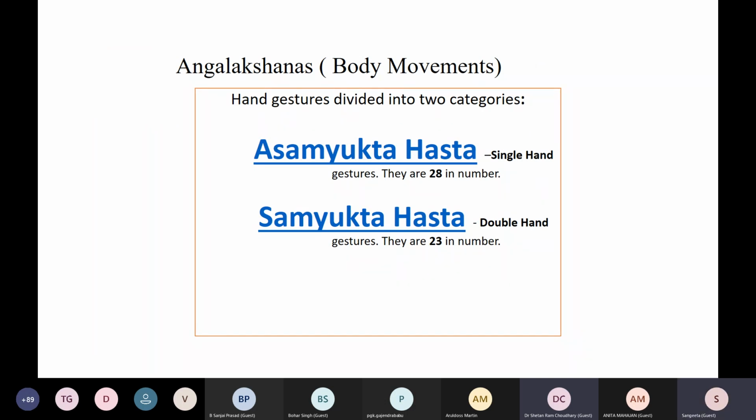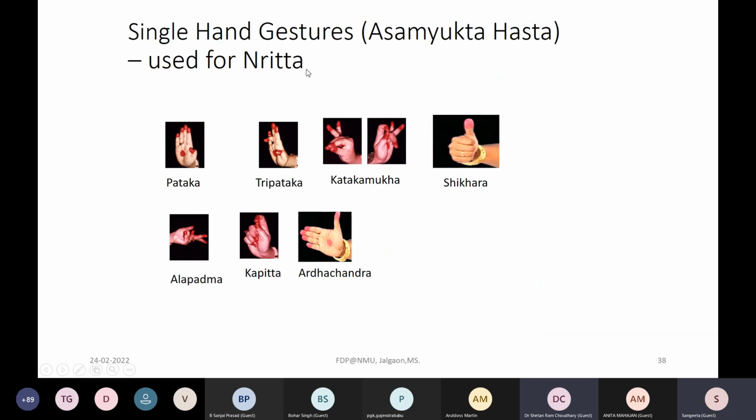Second is hand movements. You have single hand, you have double hand. Single hand gestures are 28 and double hand is 23 in number. Now I have just taken a few of these which are used for nritya, and these single hand gestures comprise our nritya movements. Now we said 23 and 28, so there are 51 movements.